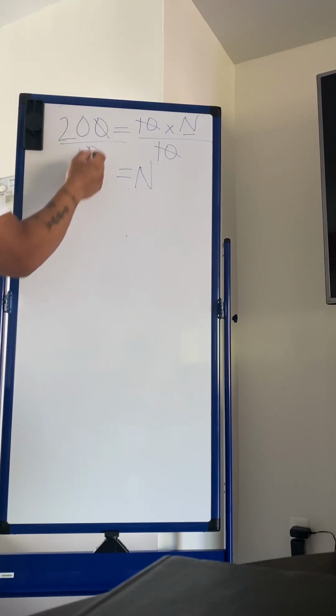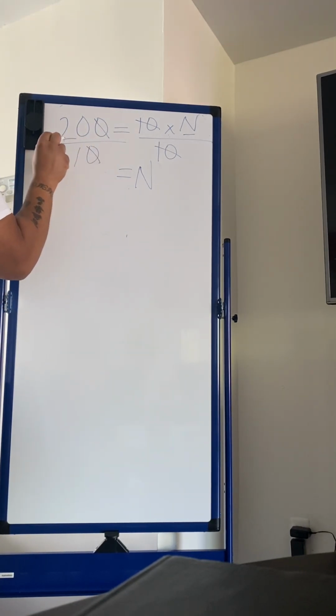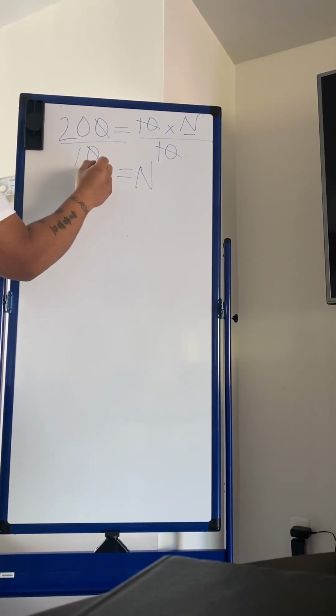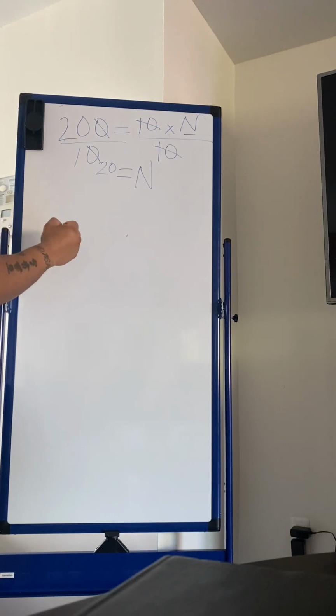So now we reduce this fraction to 20 over 1. And 20 divided by 1 is what? Anything divided or multiplied by 1 is itself. 20. That's it. That makes it easier.